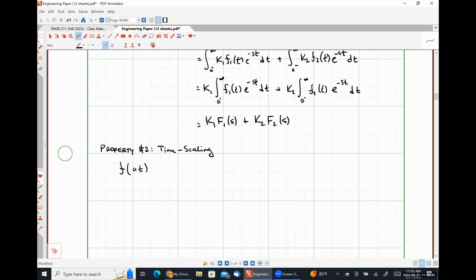Our Laplace transform is going to look like 1 over a times F of s over a. So if we stretch the time axis, we compress the frequency axis and vice versa. And we also reduce the magnitude of our Laplace transform by the same amount as we stretch the time axis effectively.